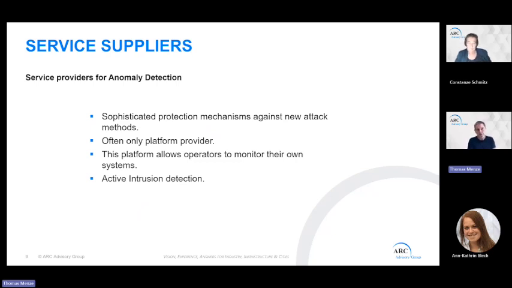You can use this kind of intrusion detection system to complete your security concept. And again, they have the flexibility that they can be used by the internal experts, or it is made available as a third-party service. That means the provider of the system is the service supplier on its own.